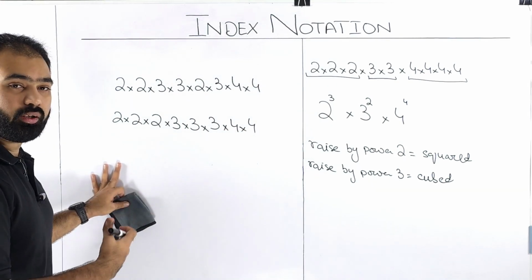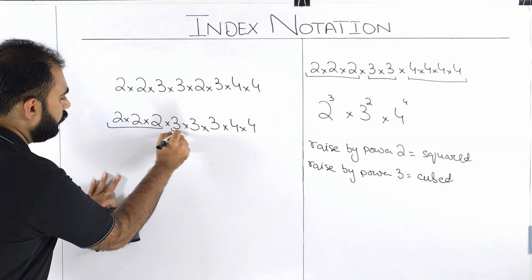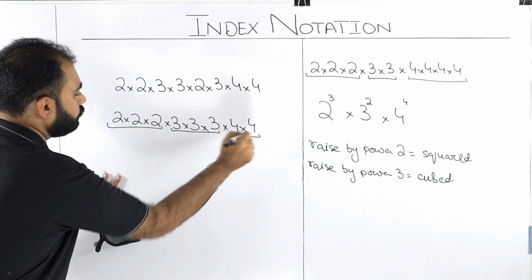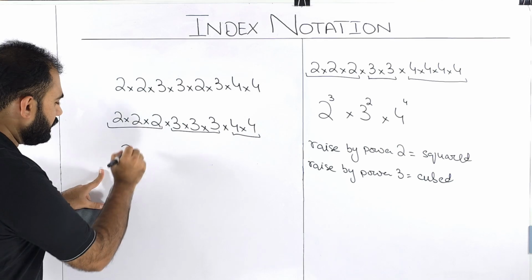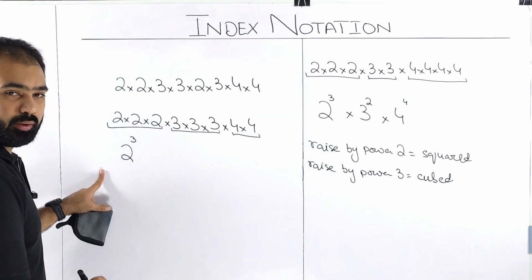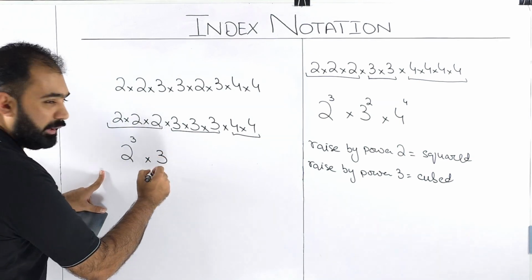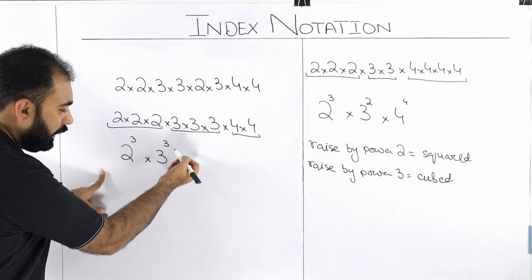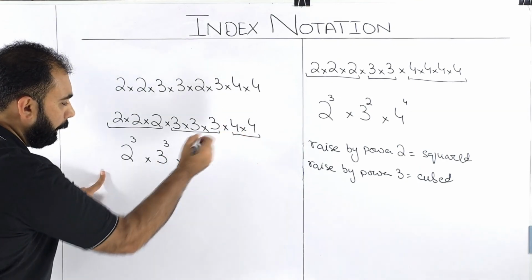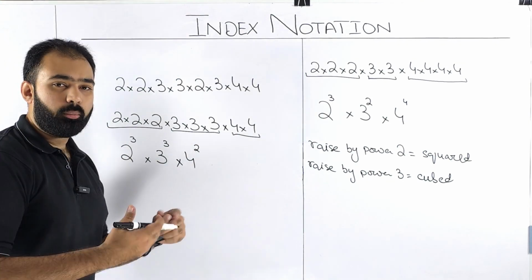Now I can convert it into index notation simply by taking 2's, 3's and 4's. This will be 2 in the base and 3 in the power or index multiplied with 3 as the base and again 3 times, so 3 as the index or power, 4 as the base and 2 as the index or power.